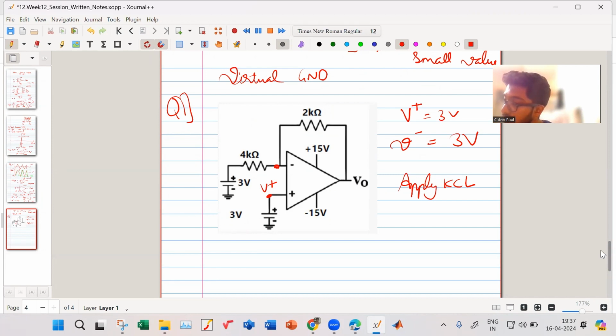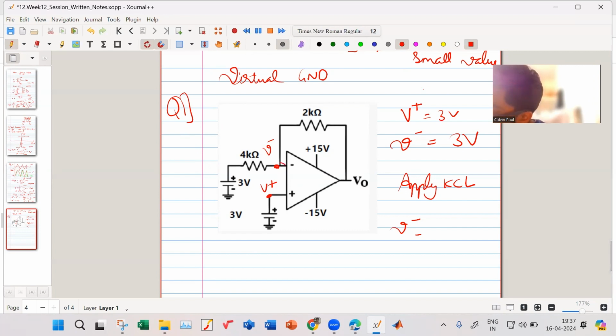I'll go step by step. Assume the voltage over here is V minus, and I apply KCL at this node.